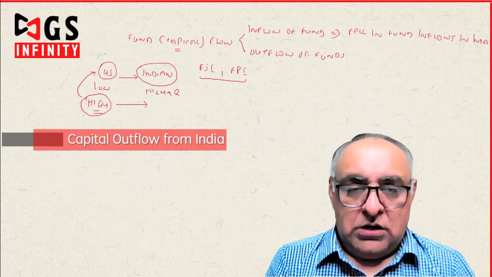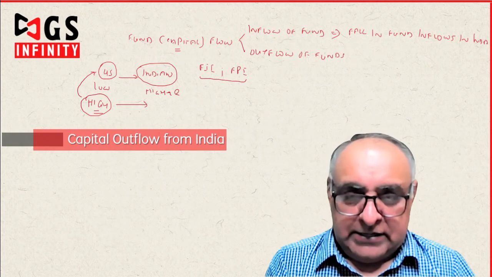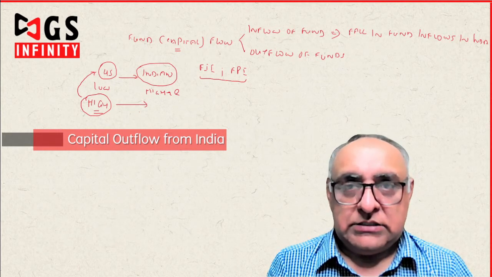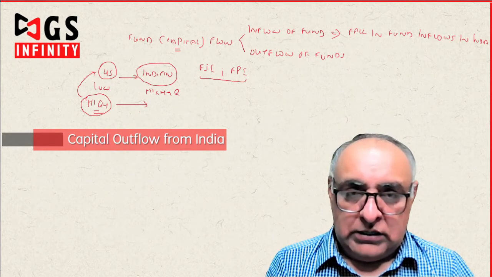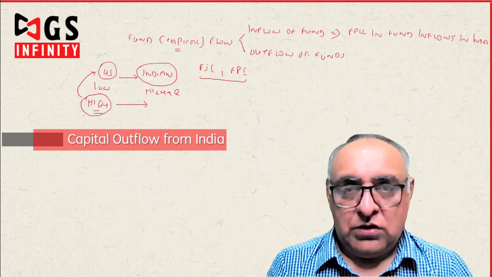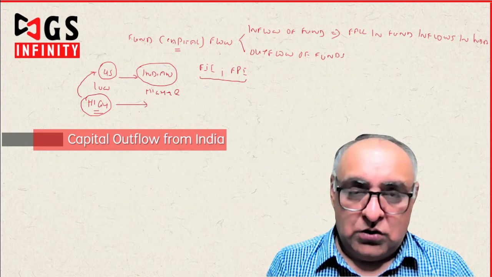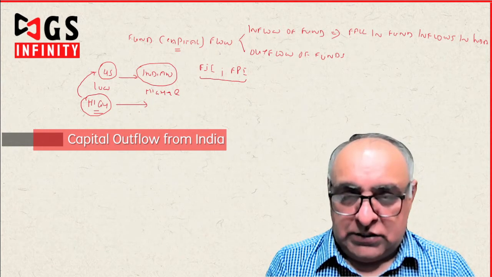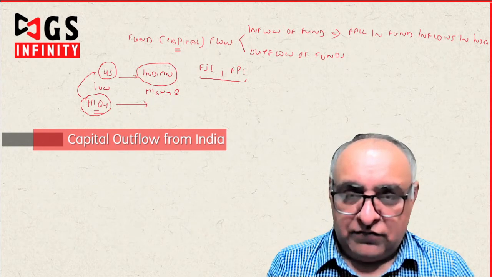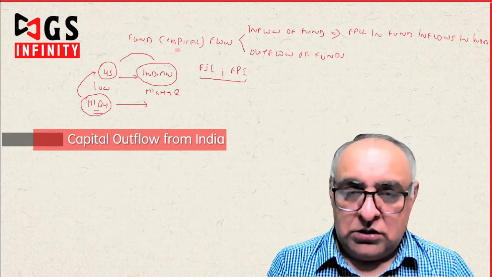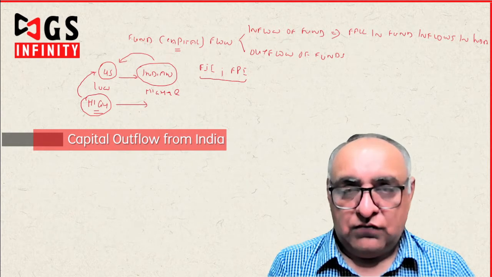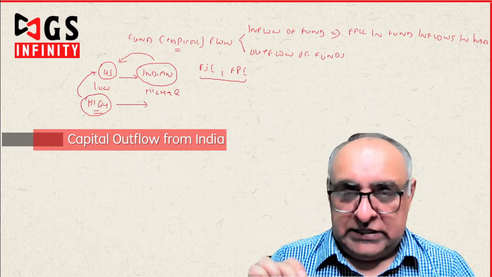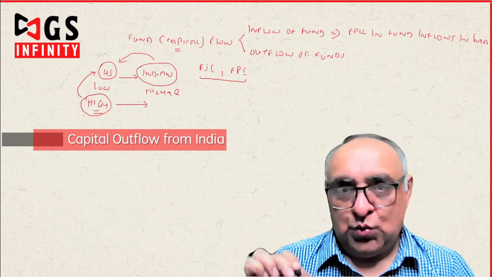Similarly, when the rate of interest in the US market is high, the foreign institutional investors or foreign portfolio investors would like to withdraw their investment from India and shift it into the US market, because there the rate of interest is higher and they would gain more by investing in the US economy.